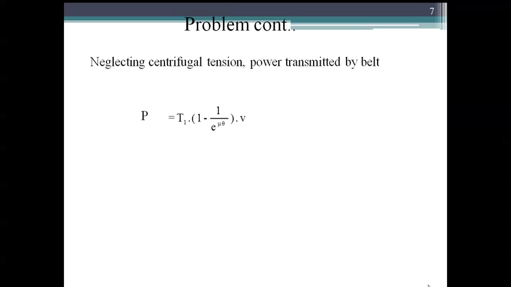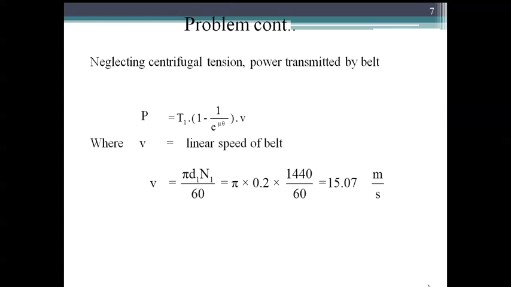Then the power transmitted by the belt, P equals T1 into (1 minus 1 by e power mu theta) into V. The power transmitted is 5 kilowatt, the value of e power mu theta we know, and V is the linear speed of the belt, found using pi d1 n1 by 60.